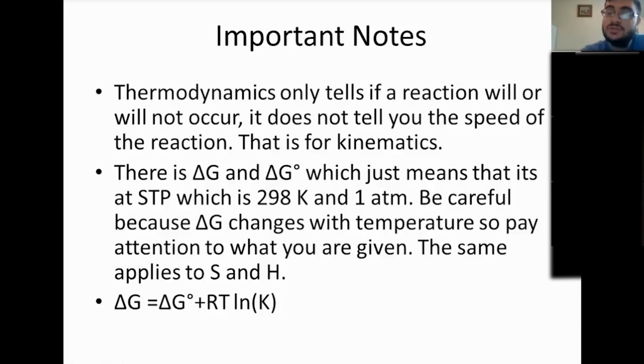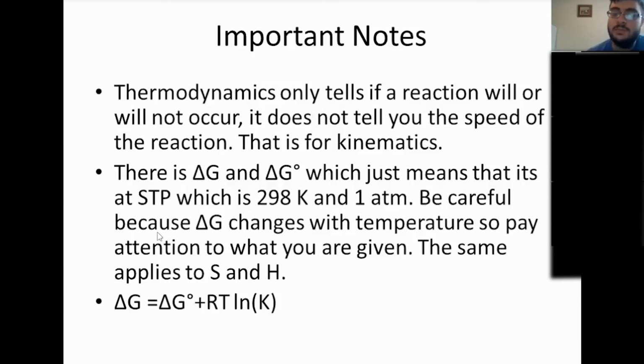Most reactions in biology don't happen at STP. They don't use this delta G standard, but in chemistry they do, because in chemistry you do it in a lab. In biology it happens in our body, and our body is not 298 Kelvin. It's much higher. I believe it's 313, right? Because body temperature is not 25 degrees Celsius. That's room temperature. Body temperature is about 38 degrees Celsius, right?